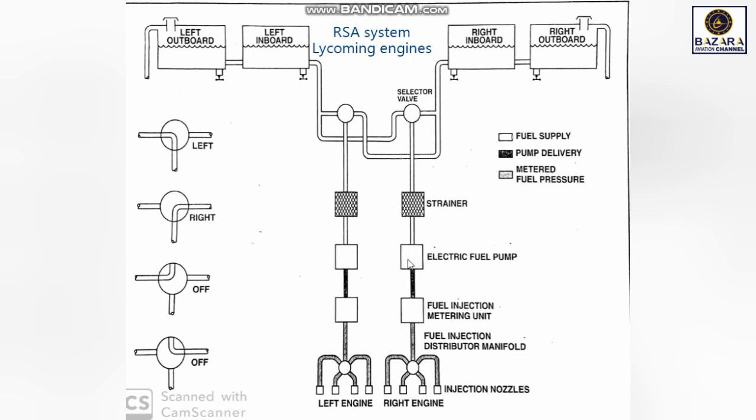In the electric fuel pump, the fuel will be pressurized and delivered to the fuel injection metering unit. The metered fuel will be supplied from the metering unit to the fuel injection distributor and will go to each cylinder. Like the right engine, the same operation happens with the left engine.